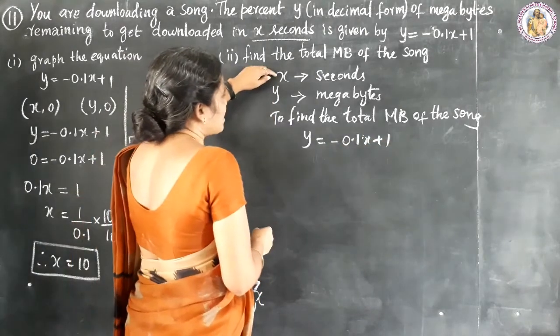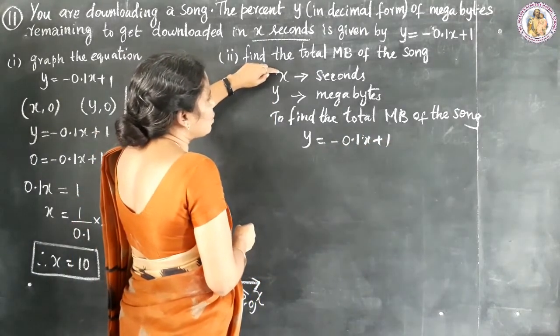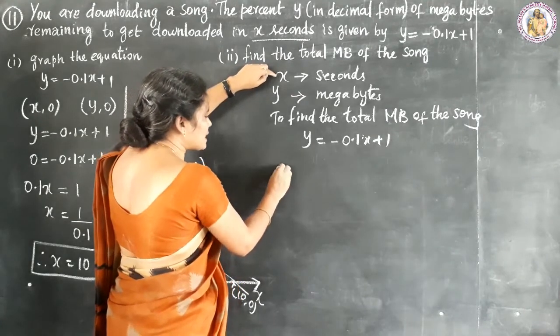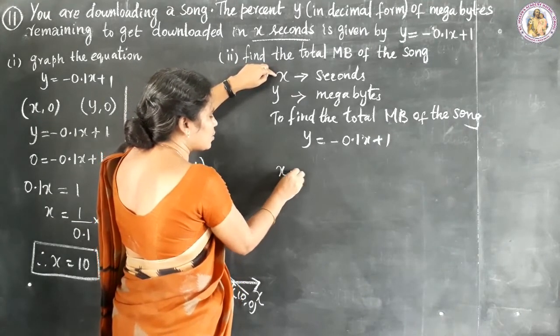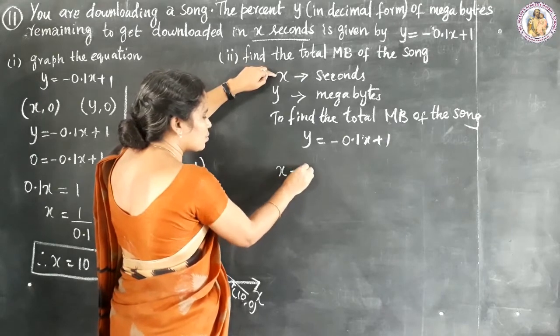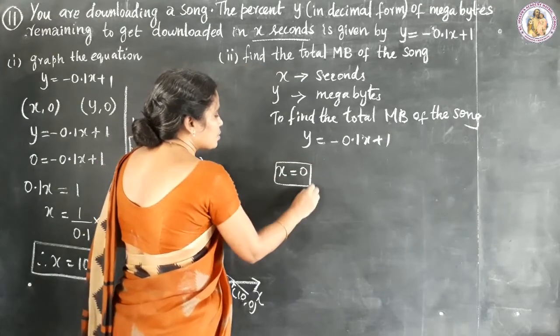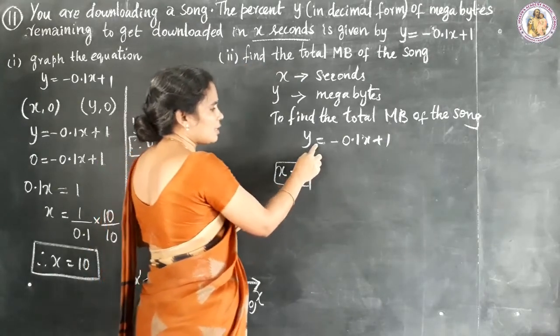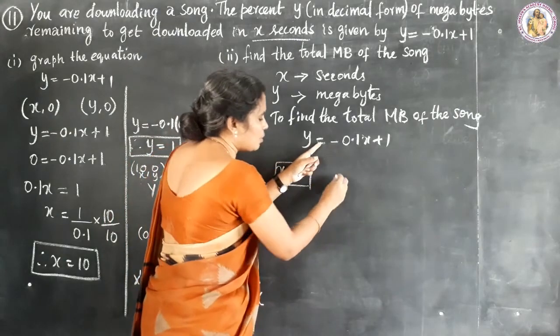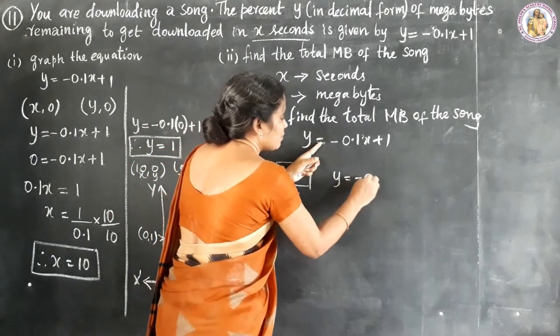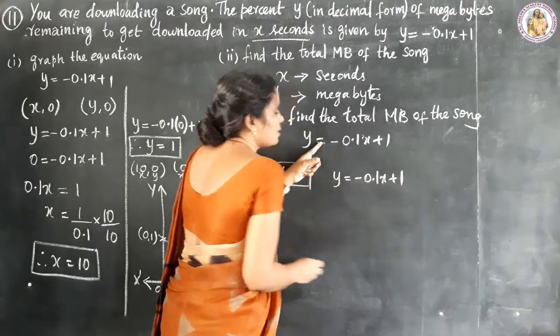Now x is in seconds. While downloading the song, x will be at the starting position, so x is equal to 0. Let us substitute x is equal to 0 in the equation y is equal to minus 0.1x plus 1.